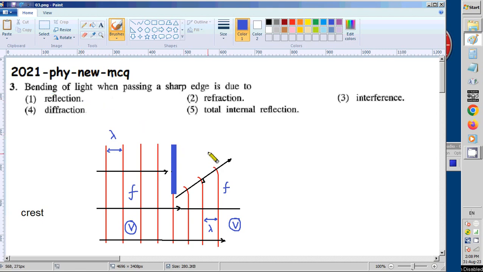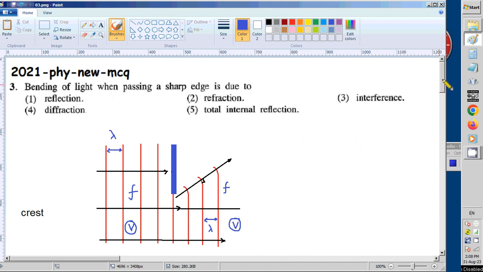So that is why there is another word for this phenomenon. If the velocity doesn't change and the wave bends at a sharp edge, that is called diffraction. If due to change of velocity the waves bend, that we call refraction.